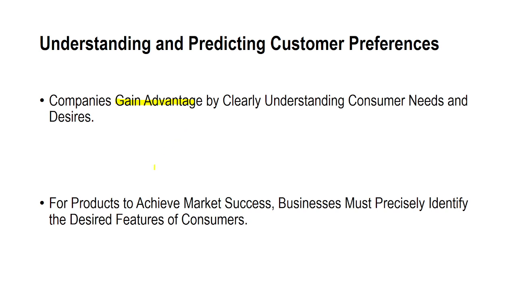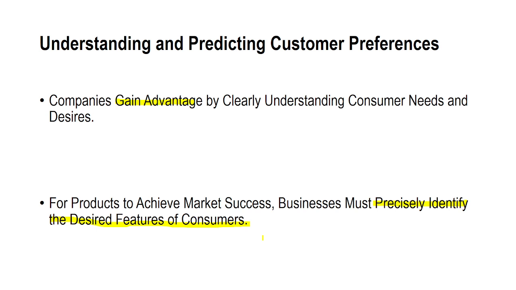For products to achieve market success, businesses must precisely identify the features that consumers desire. Understanding and predicting customer preferences is not just about knowing what customers want today, but also anticipating what they might want in the future.